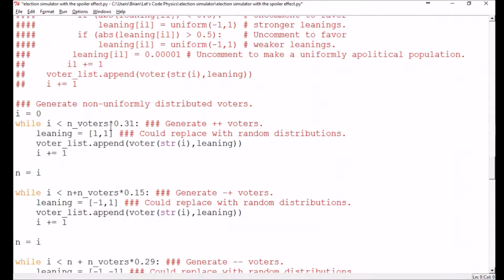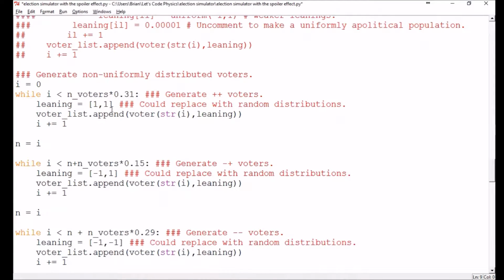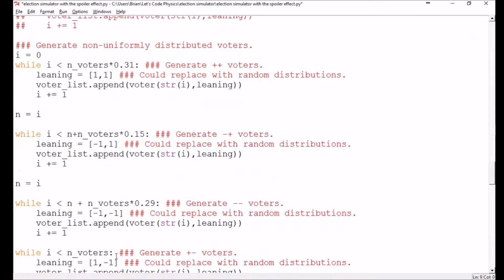So with 2 dimensions, we're going to have voters in the 1, 1 block, the -1, 1 block, the -1, -1 block, and the 1, -1 block. And then basically these numbers over here just determine the percentages. These are just selected to give us an imbalance. So instead of having a nice uniformly distributed population, we've got a pretty heavy imbalance.